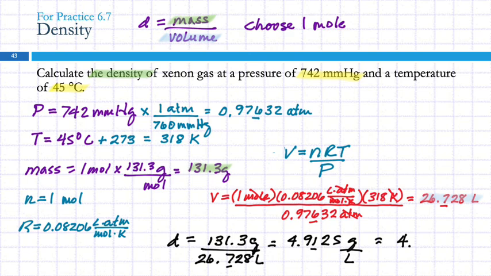Three sig figs, 0.491 grams per liter. Any questions?